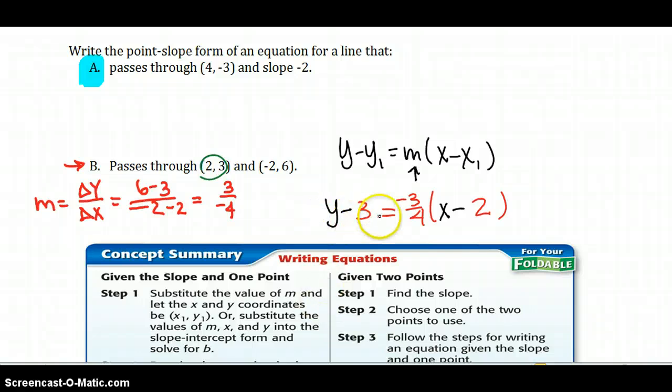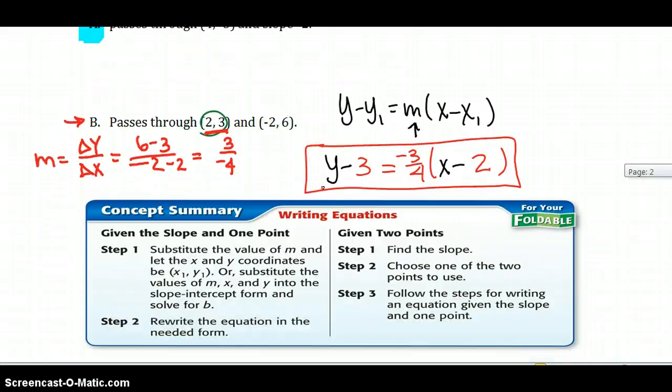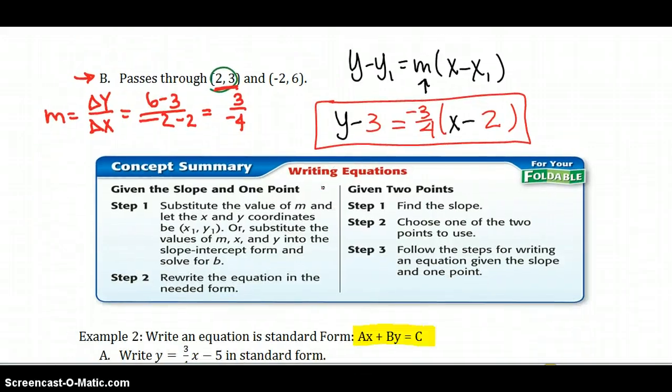So it's y minus 3 equals negative 3/4 times x minus 2. And I just chose this one maybe because it didn't have a negative, but you have the right to choose. And that would be an equation for that line in point slope form. Okay, I'm going to leave you the concept summary.